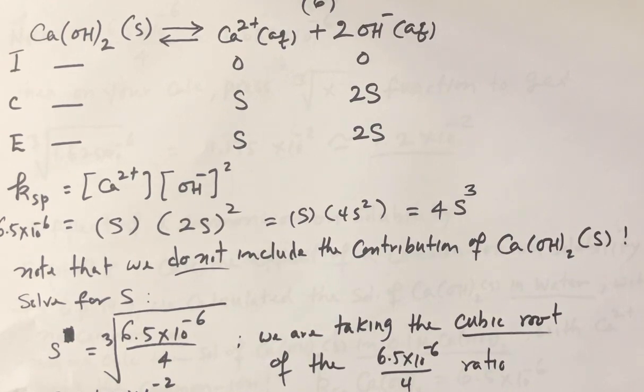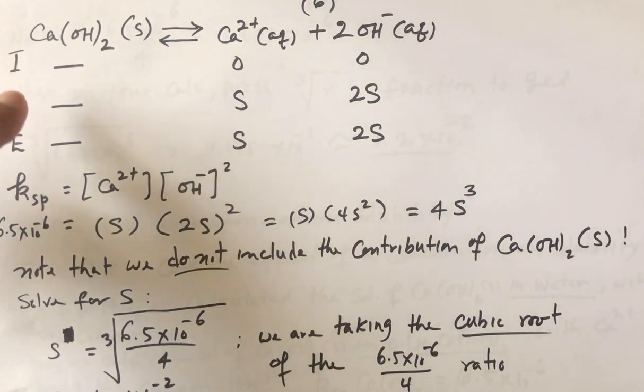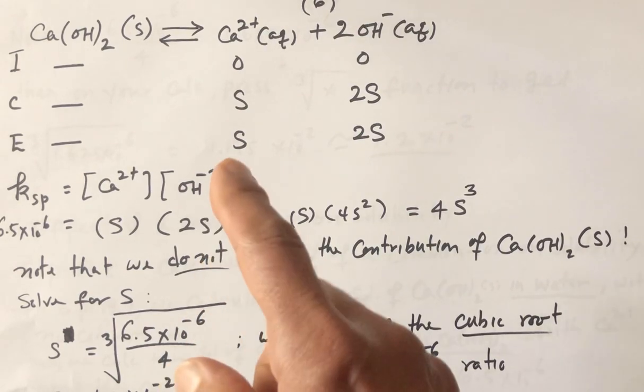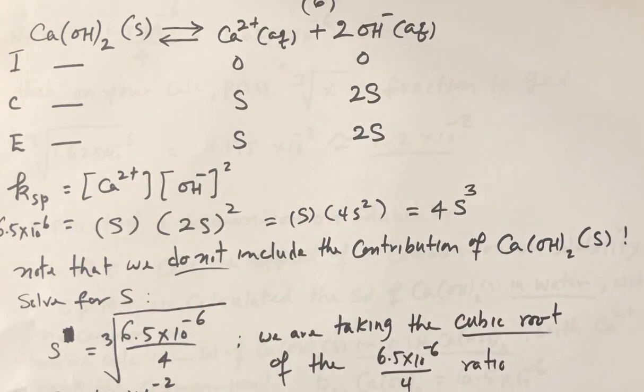Now, note that I have not indicated any data for calcium hydroxide because the concentration of calcium hydroxide solid is considered to be constant. It doesn't change that much during the course of the reaction. It's pretty much like H2O or water that we ignored during the setup of the ICE table in the equilibrium chapter.